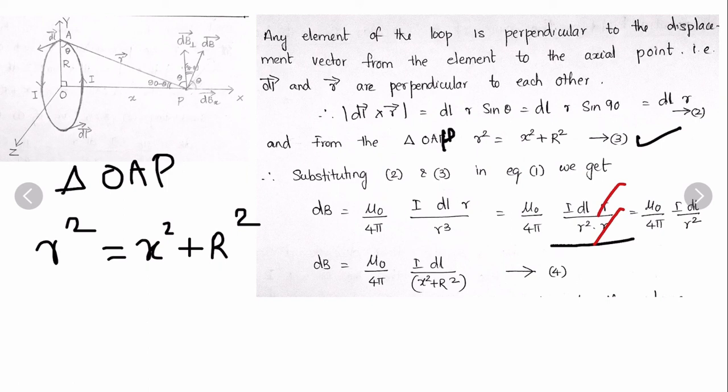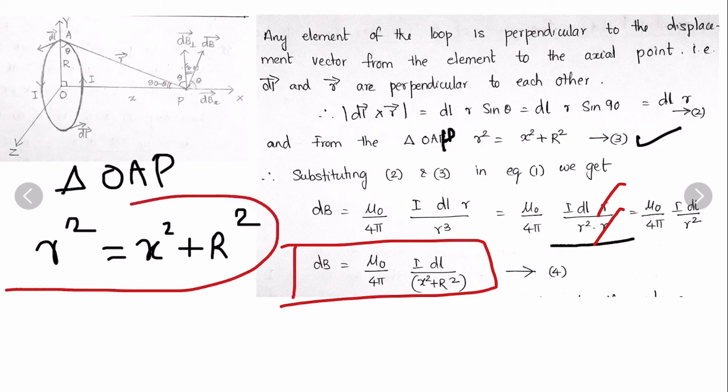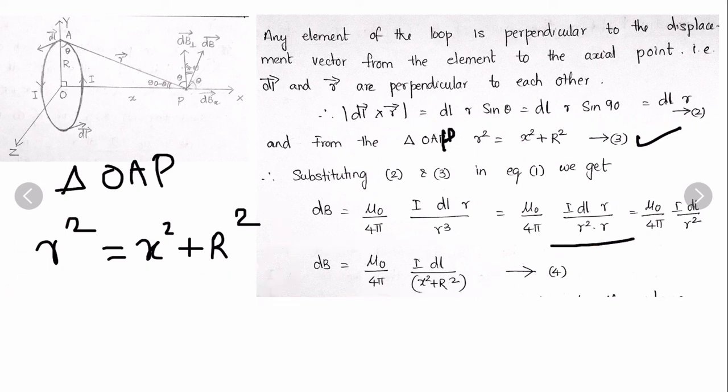So we will get finally dB is equal to mu 0 by 4 pi IDL by r square. But r square we have seen here is x square plus capital R square. Then we will get dB is equal to mu 0 by 4 pi IDL divided by x square plus capital R whole square. So this is equation number 4.